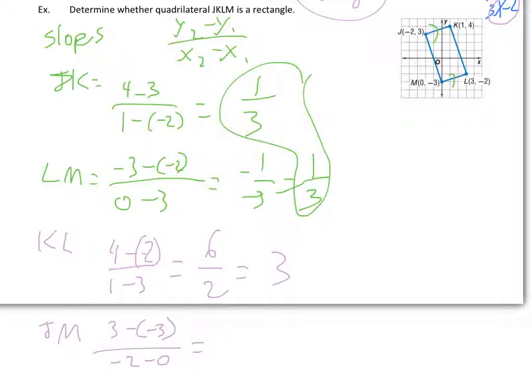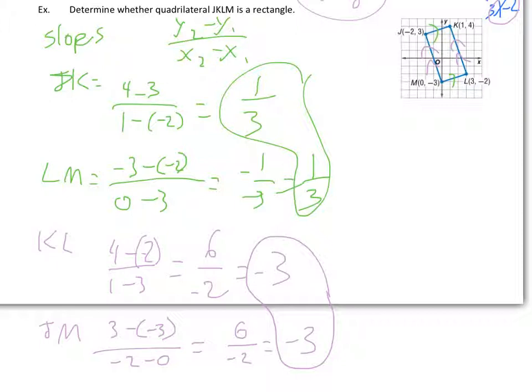Simplified, that would be 6 over negative 2, so that would be negative 3. Notice these two slopes are the same, therefore these two segments are parallel.